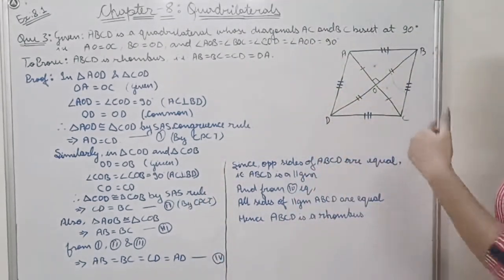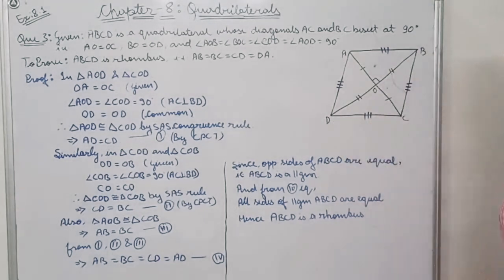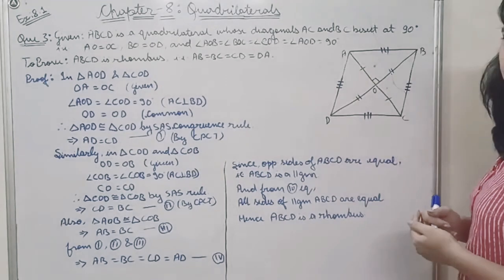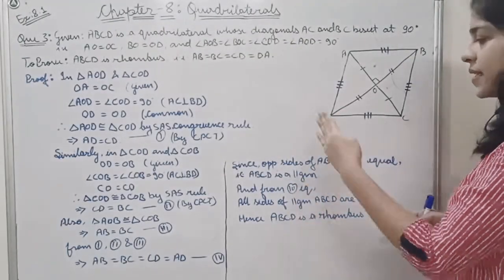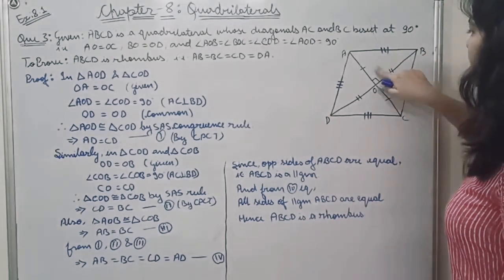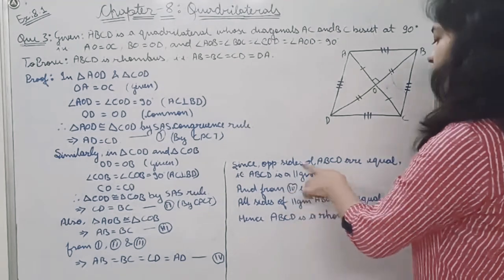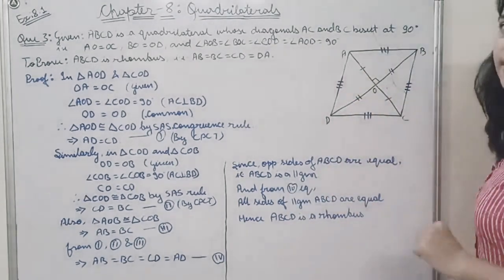Now AB and CD are opposite sides of the quadrilateral and AD and BC are the opposite sides of the quadrilateral, as all sides are equal, but along with this, at the same time, we have opposite sides also equal. AB is equal to CD and BC is equal to AD. Since opposite sides of quadrilateral ABCD are equal, then ABCD is a parallelogram.